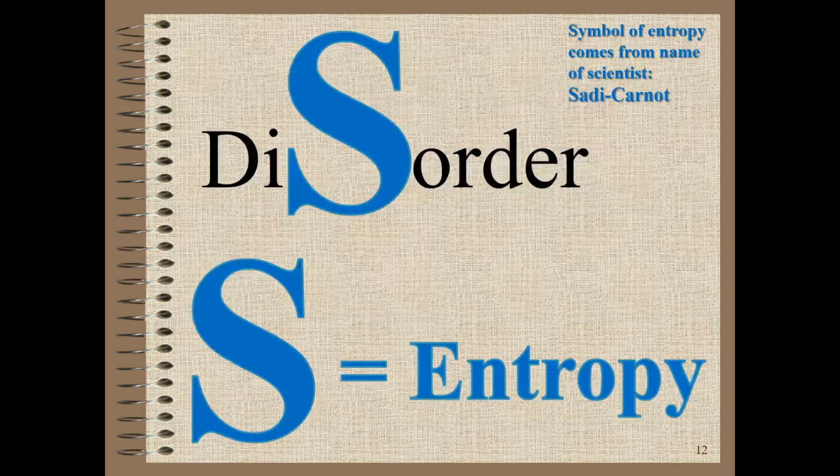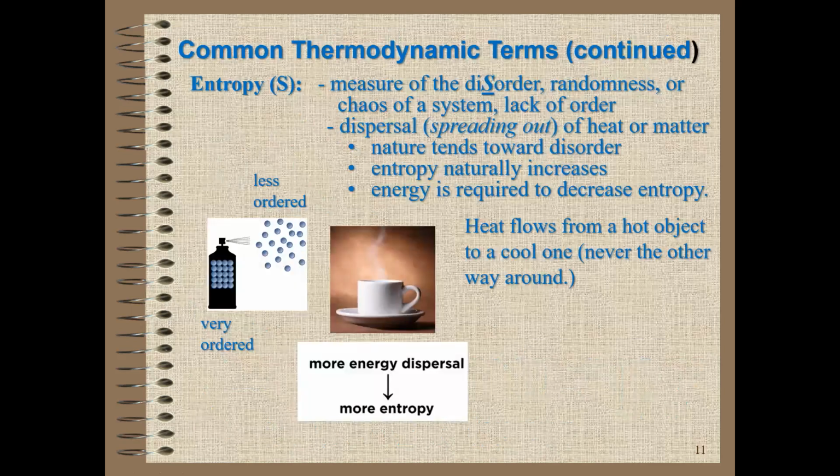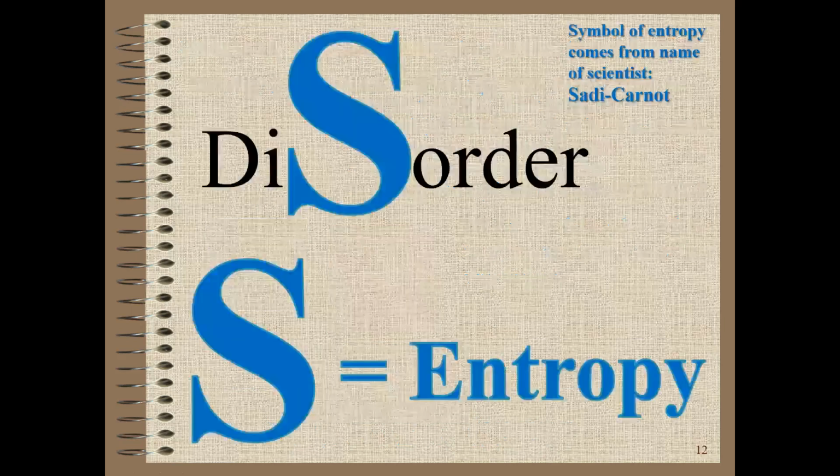Okay, then we get into entropy. So it's disorder, chaos, spreading out. And that little memory device I gave you, this is now slide 12: just think of the S in disorder. S was actually named after a person, just like one of your discoveries will be named after one of you. The mica principle. What do you think? I like it.